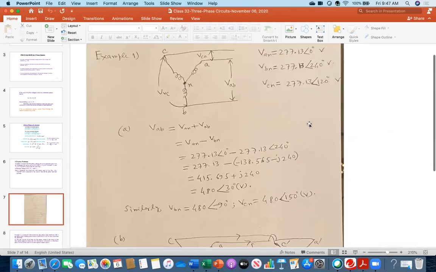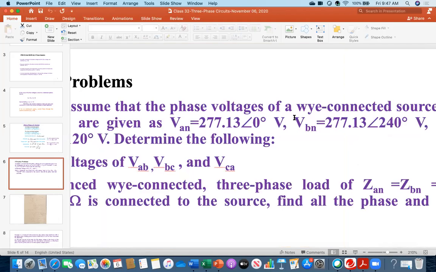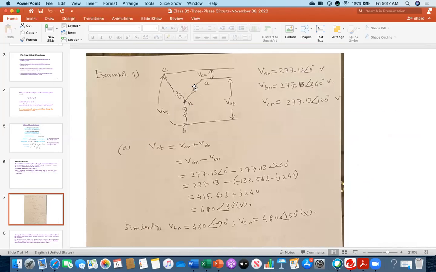Okay, everybody see. Look, first I am drawing a picture because the problem says it is Y-connected. So first I drew a Y connection, and I'm designating A. This is B, and then this is C, 120 degree, 120 degree apart.